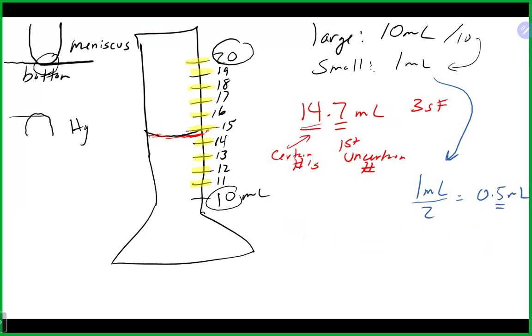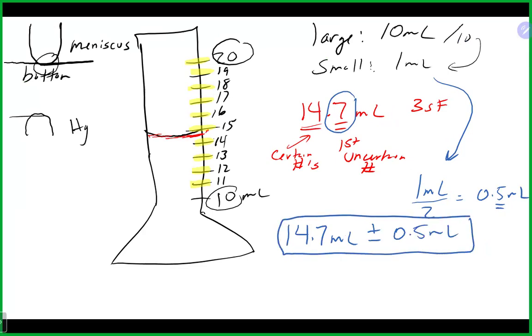That is 1 decimal place, exactly where I took my reading to. And if I were to record this as a measurement, 14.7 milliliters plus or minus 0.5 milliliters would be the proper way to record that, especially in laboratory. They expect you to do that when you take measurements.